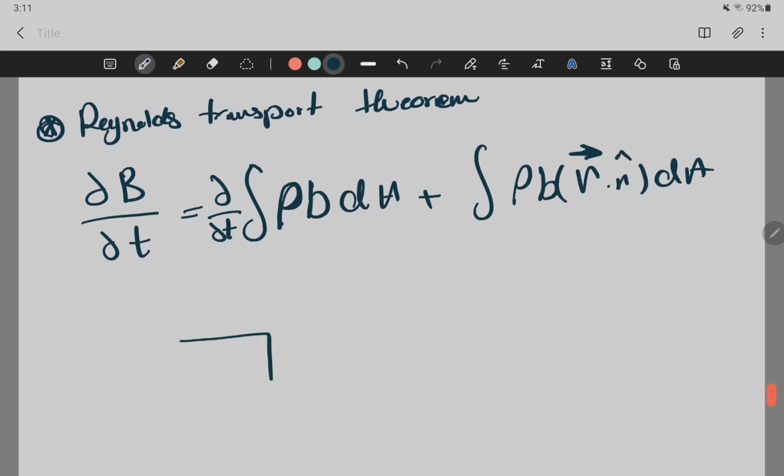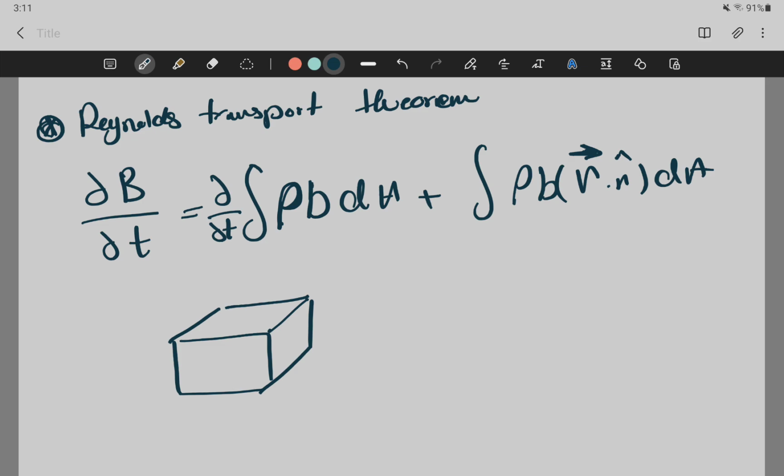This is a very simple equation, right? I gave you the equation before the proof, so hopefully this works better for you. This is a very complicated equation, but it represents a very simple concept.